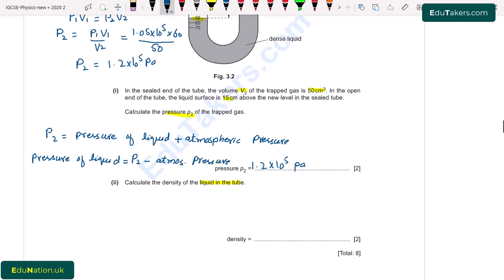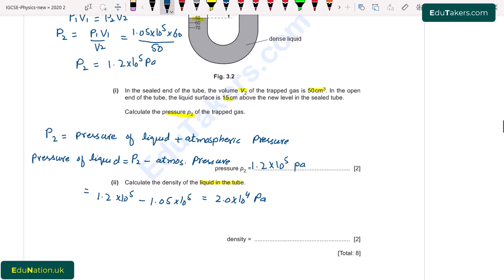Now I am putting in the values: 1.2 into 10 to the power 5 minus 1.05 into 10 to the power 5, and it comes to be 2.0 into 10 to the power 4. Now, it is the pressure of the liquid and its unit is Pascal.